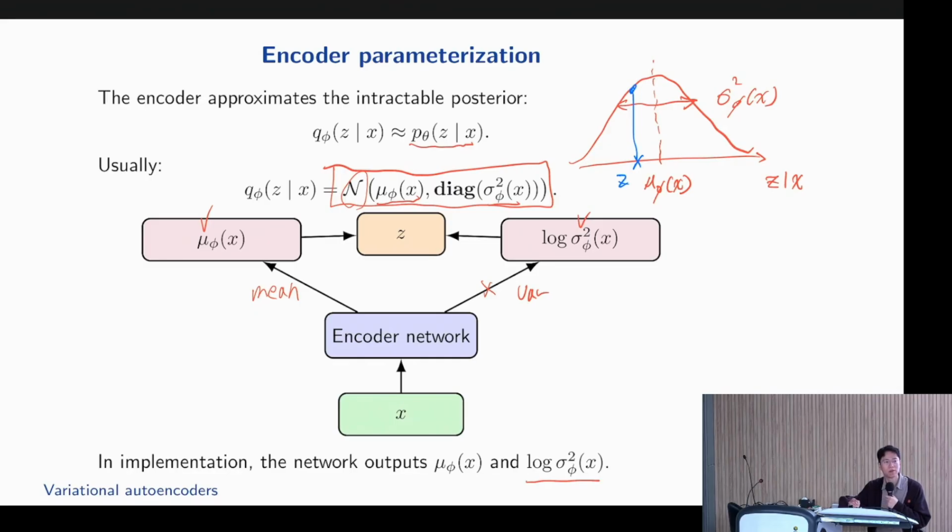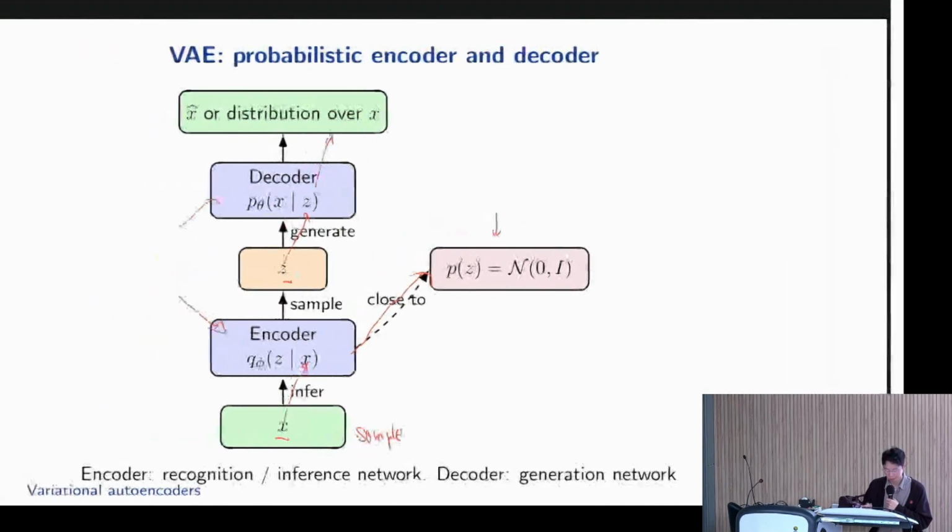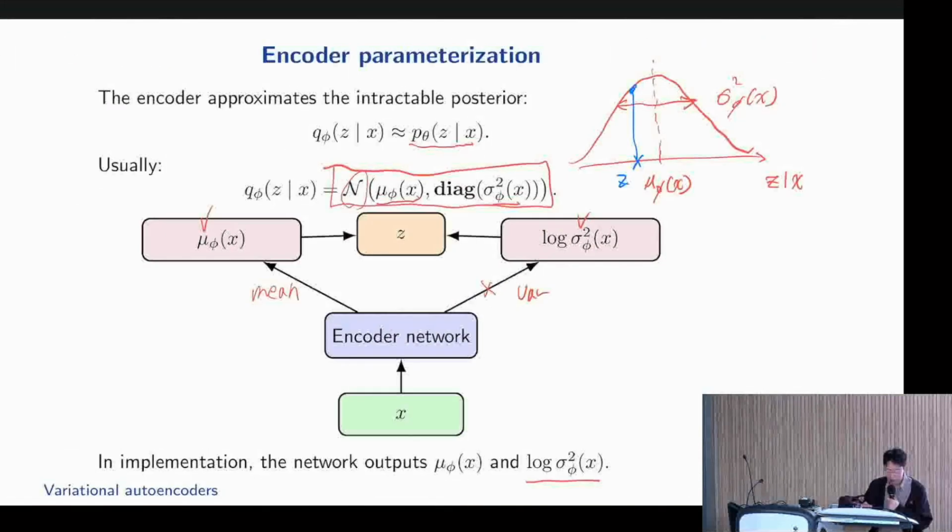This is what's inside the encoder network black box. It turns out to be a neural network that takes as input x and outputs all the necessary parameters that define the distribution.